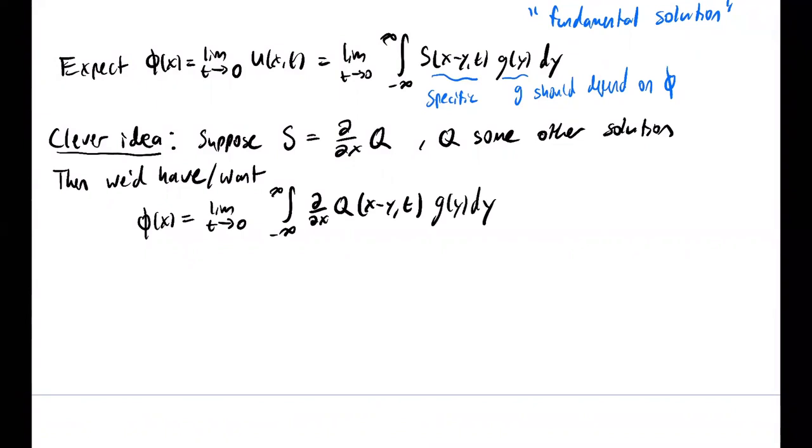Well, I can write the derivative with respect to x of this function as a derivative with respect to y of the same function, except I have to take a minus sign, just because of the chain rule.